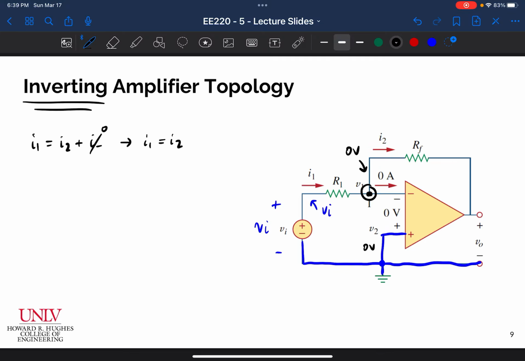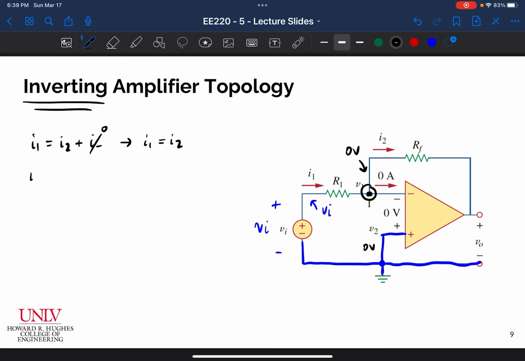What I'm interested in, in this op-amp and in every other op-amp, is finding some expression for the output voltage as a function of the other parameters in the circuit. So let's write out Ohm's law for I1 and Ohm's law for I2.